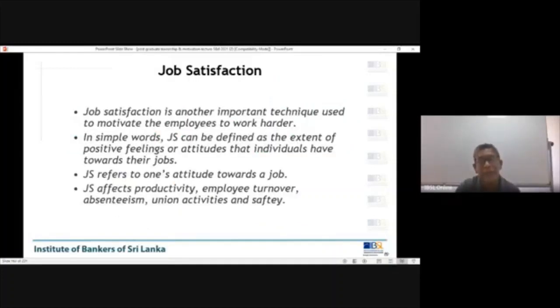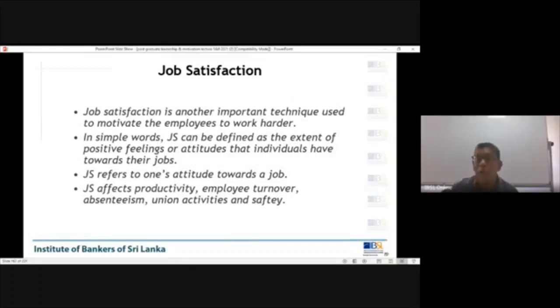Now before that, let me explain what we mean by job satisfaction. It is another important technique used to motivate employees to work harder. Later today, we are going to discuss some theories on whether job satisfaction and motivation are the same.